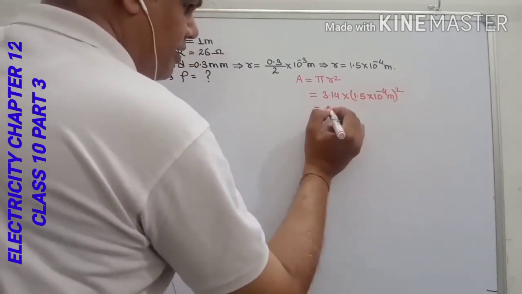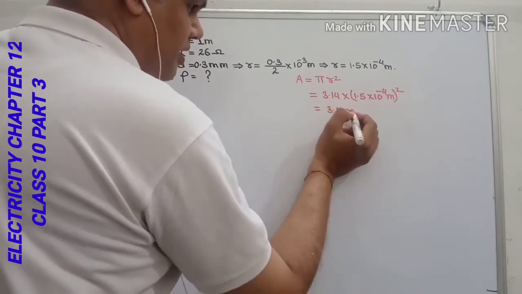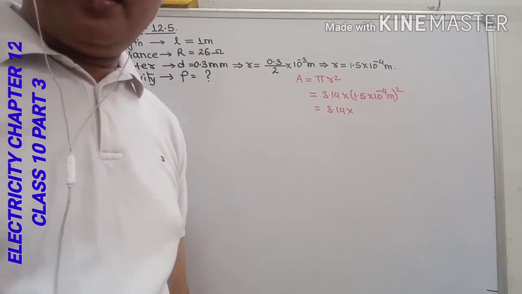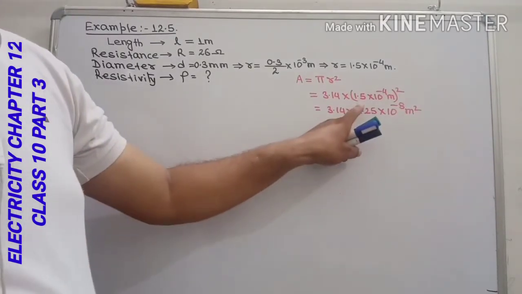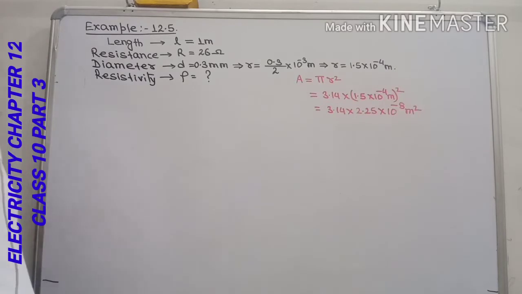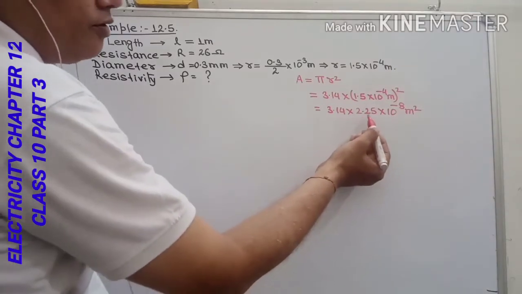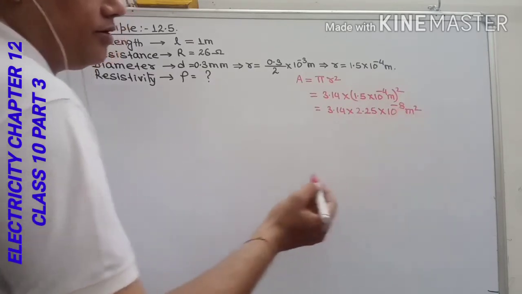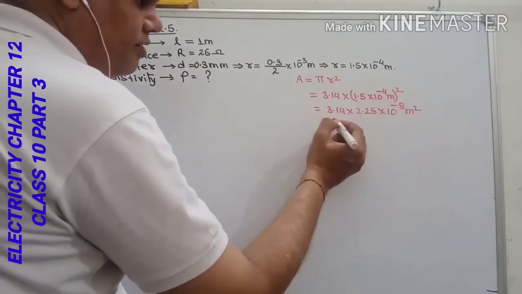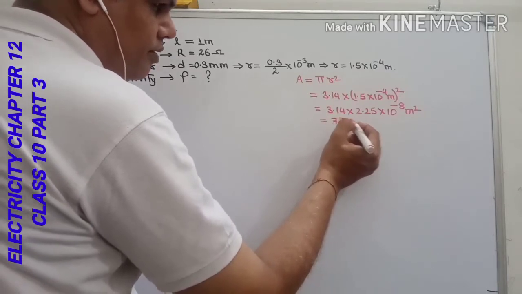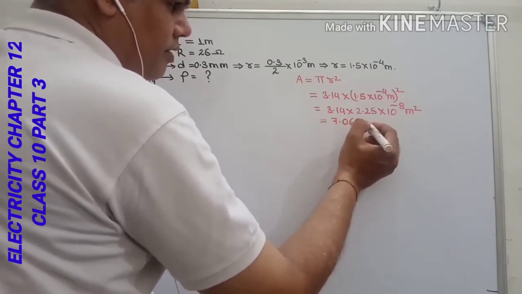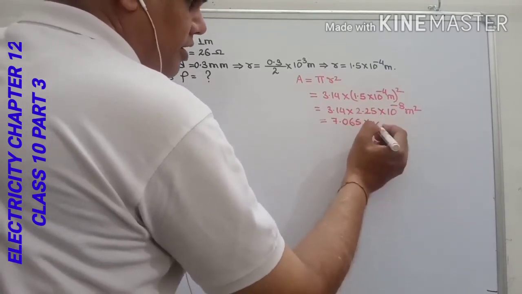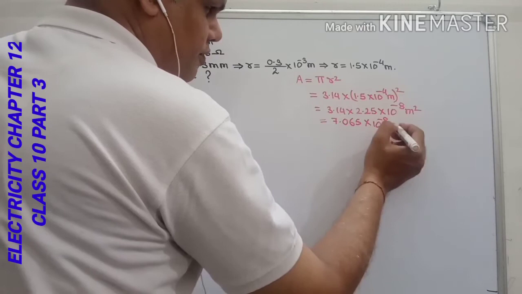Now we will get the value 3.14 multiplied by 15 multiplied by 15, that means 225. Now we get 1.5 multiplied by 10 raised to the power minus 4 meter whole square comes out to be 2.25 multiplied by 10 raised to the power minus 8 square meter, and if we multiply this, we will get 7.065 multiplied by 10 raised to the power minus 8 square meter.